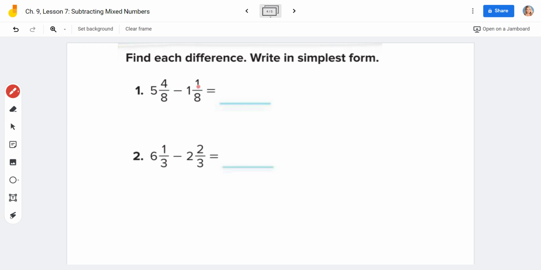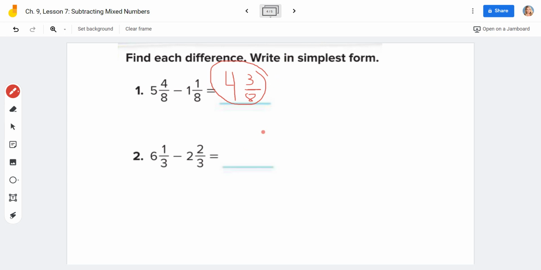Does my biggest numerator come first? And it does, so I'm good. So as long as those two things work out, I just subtract like normal. 5 minus 1 is 4. And 4/8 minus 1/8 is 3/8. 4 and 3/8. And since 3/8 is in its simplest form, it doesn't have a common factor greater than 1. My answer is 4 and 3/8.